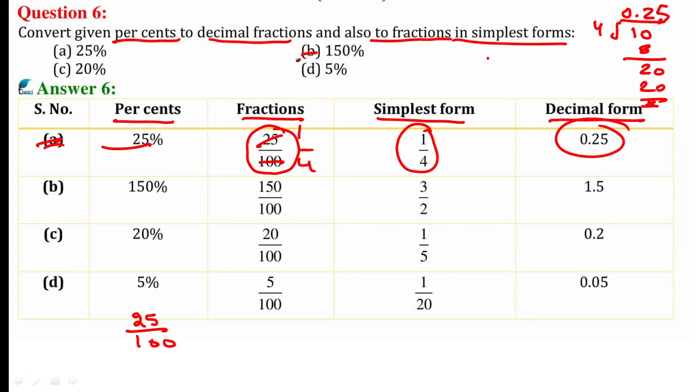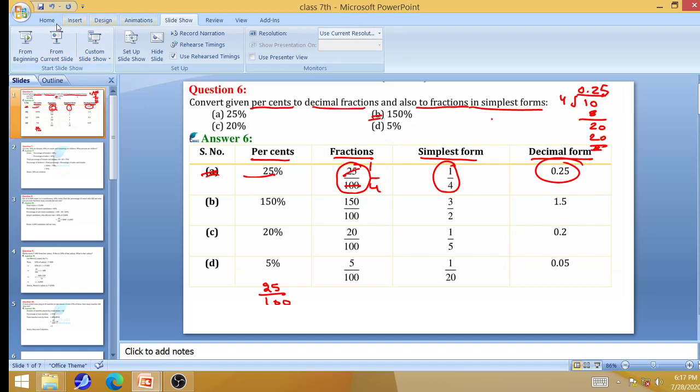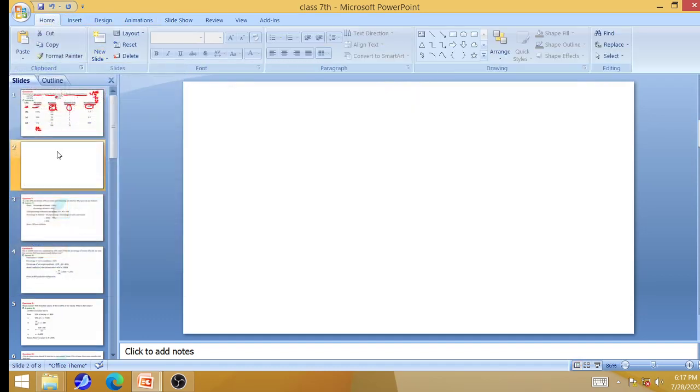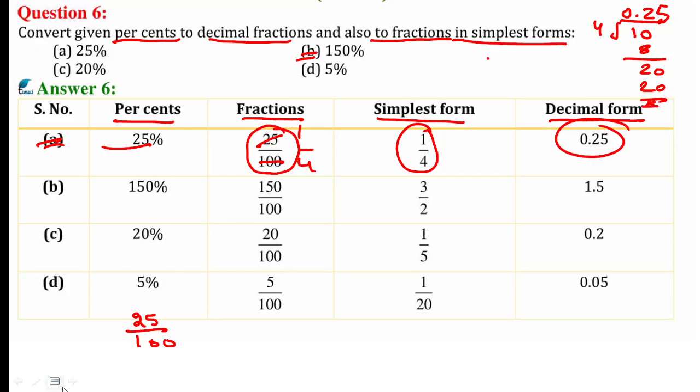Next is the B part. So the B part is 150%.